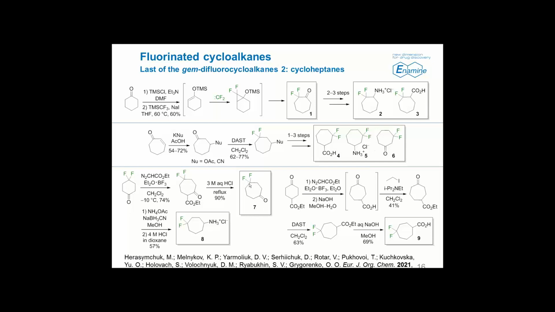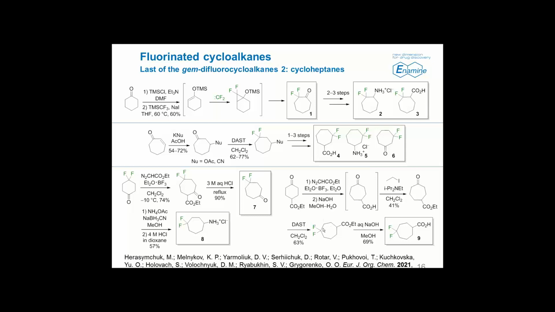To obtain isomeric 4,4-difluorinated cycloheptane derivatives, ring expansion of the 6-membered rings was used in both cases shown here. So we used reaction with ethyl diazoacetate. For the first set of building blocks, we have used a compound that already has fluorine atoms.